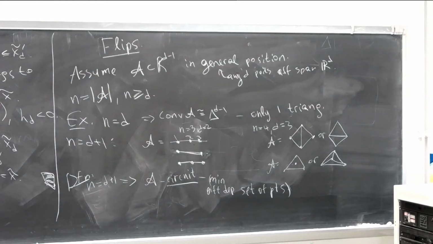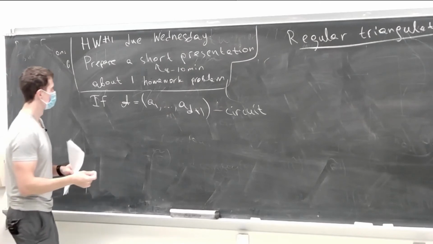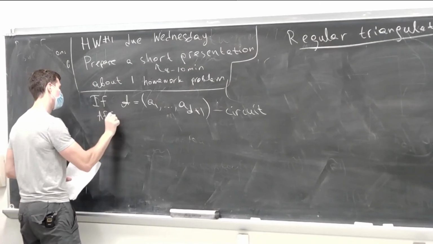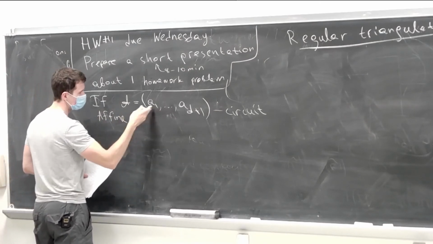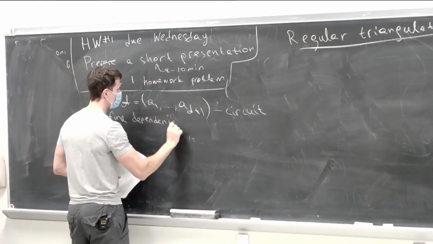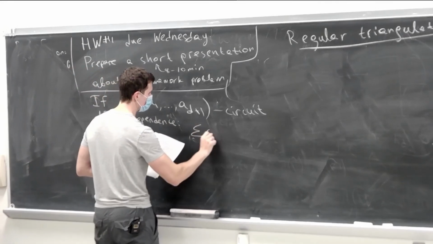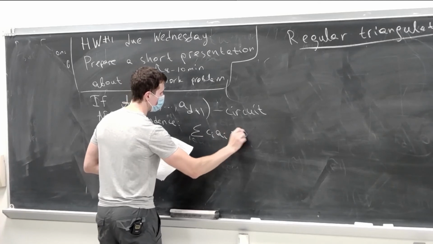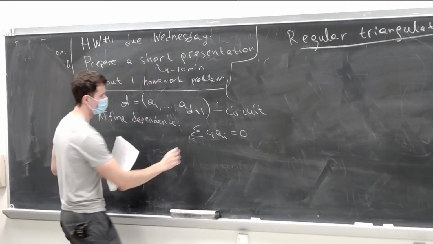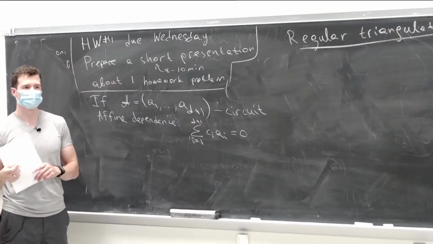Okay, so if this is a circuit, then there is an affine dependence between them. There should be an affine relation between these points, and it's of the form sum of Ci Ai is equal to 0, where i comes from 1 up to d plus 1.